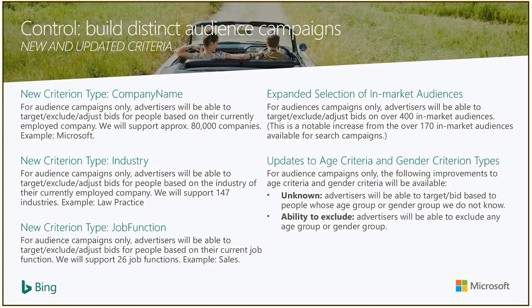Both company name and industry allow you to target users based on the companies that they're currently employed in, and job function allows you to target users based on the current category of work that they are employed in. We have 26 job functions and 147 industries, and we currently support 80,000 companies with more to come.